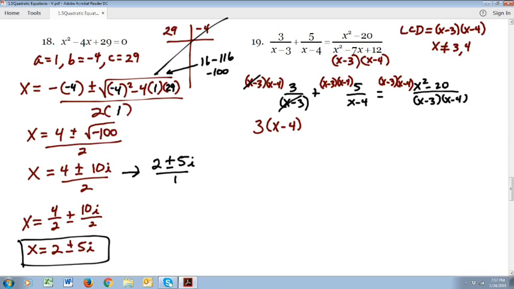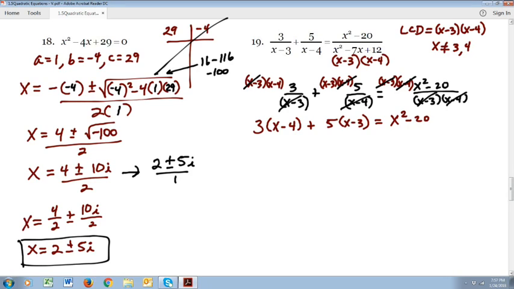And when you multiply the LCD times the second fraction, the 5 over x minus 4, the x minus 4's are going to cancel. Notice I brought down that plus sign, and what's left is 5 times x minus 3. Now the nice thing on the other side, you can see both factors cancel, and so all that's left is the x squared minus 20.